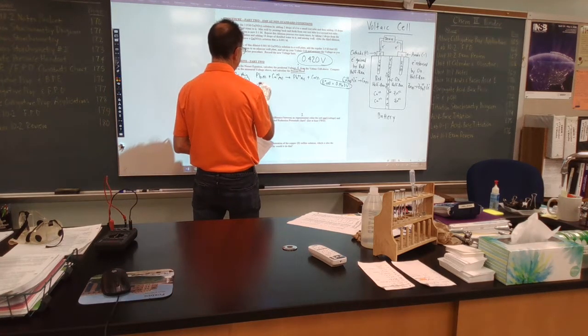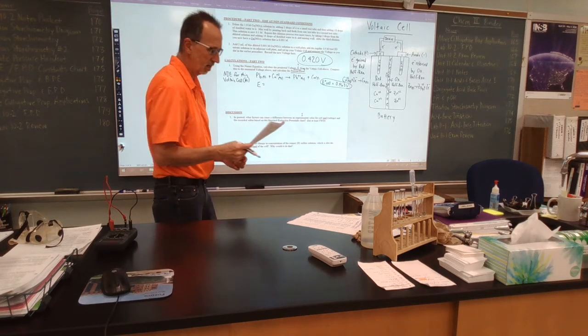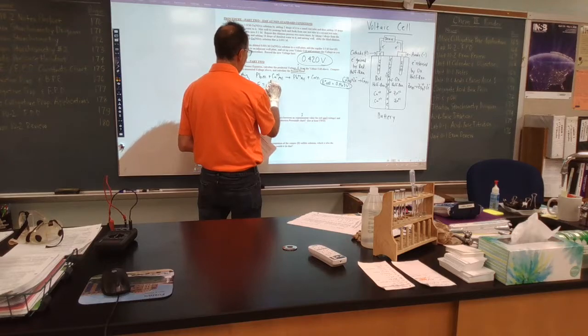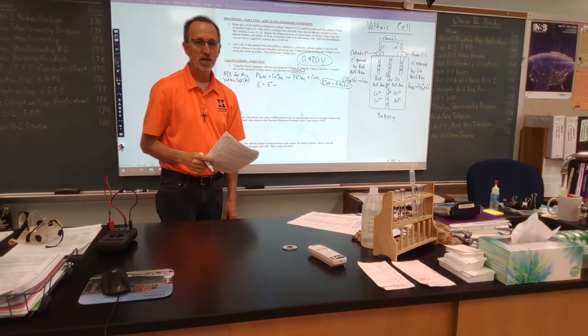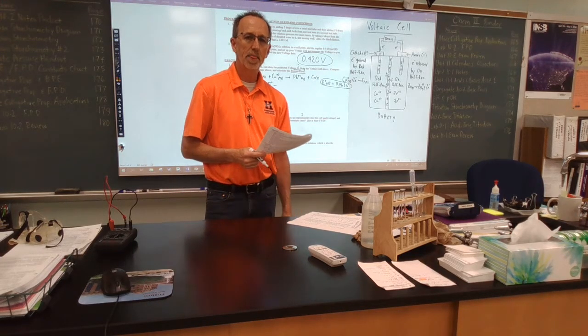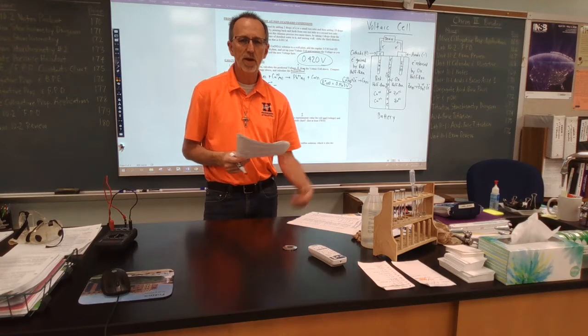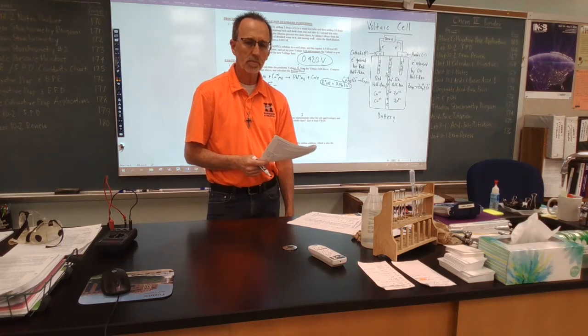So the Nernst equation says this: E at non-standard conditions is equal to E cell at standard conditions minus, okay, now our correction factor is simplified here. I talked about this in our last lesson. It is because we did run the reaction at 25 Celsius or room temp.